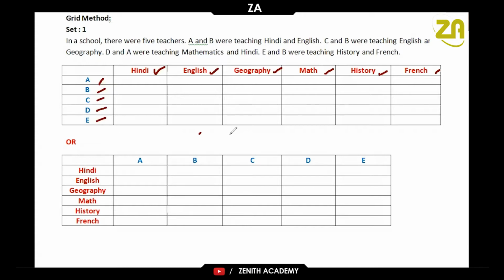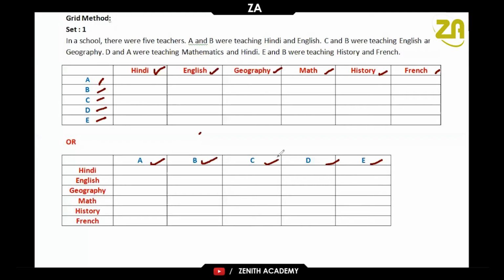It doesn't make any difference whether you are taking teachers on x-axis or y-axis. Like here, on y-axis I have taken teachers A, B, C, D, E, or in this table I have taken teachers on x-axis A, B, C, D, E. So it will not create any difference.